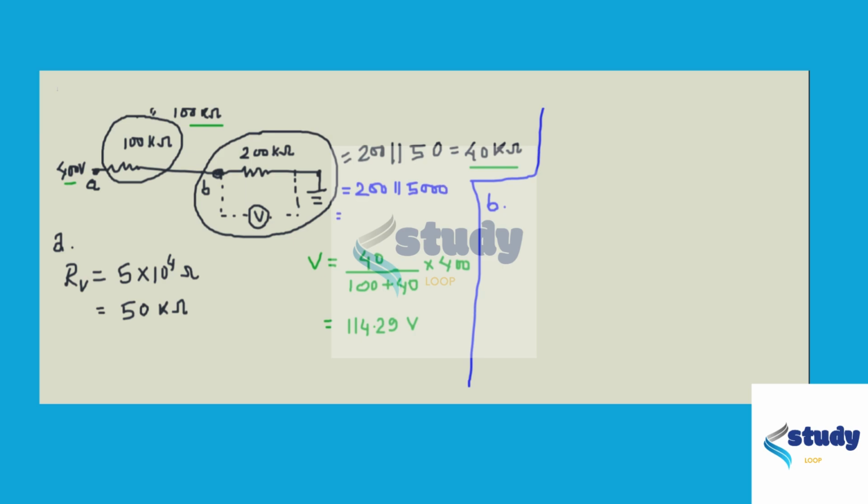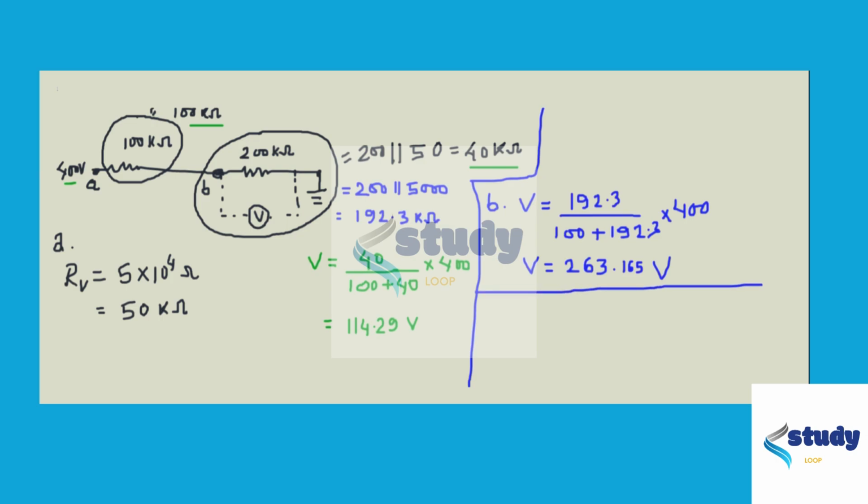And this should be equal to 192.3 kilo ohms. Now for part B, this means that voltage V would be 192.3 upon 100 plus 192.3, into 400, which gives me the voltmeter reading of 263.165 volts, right?